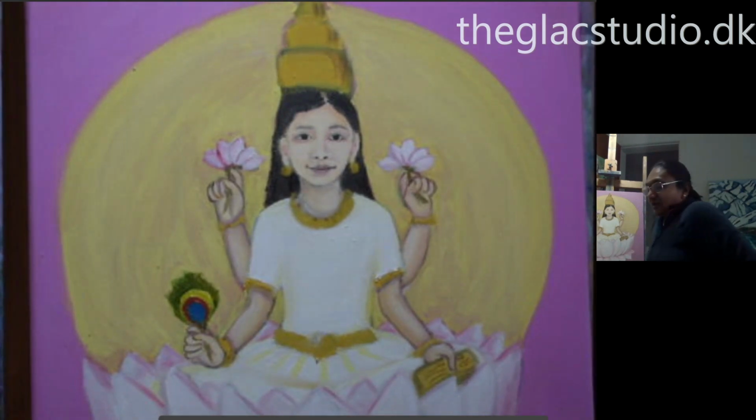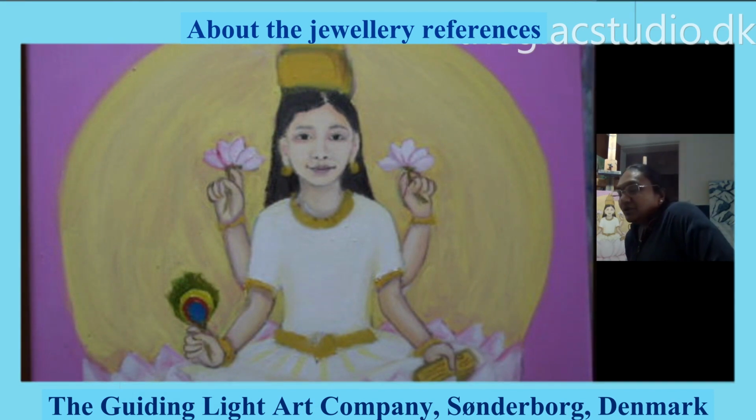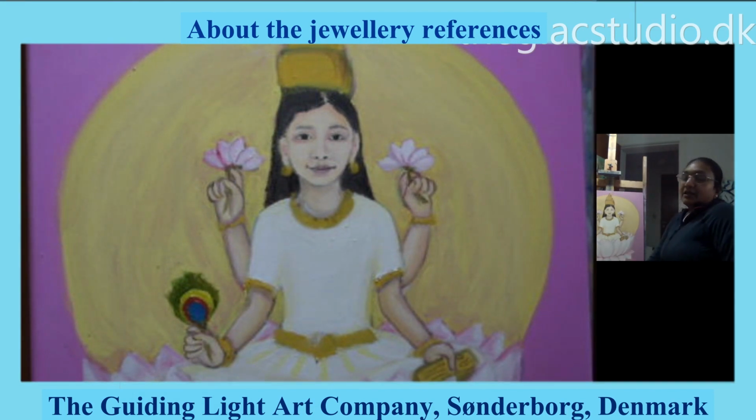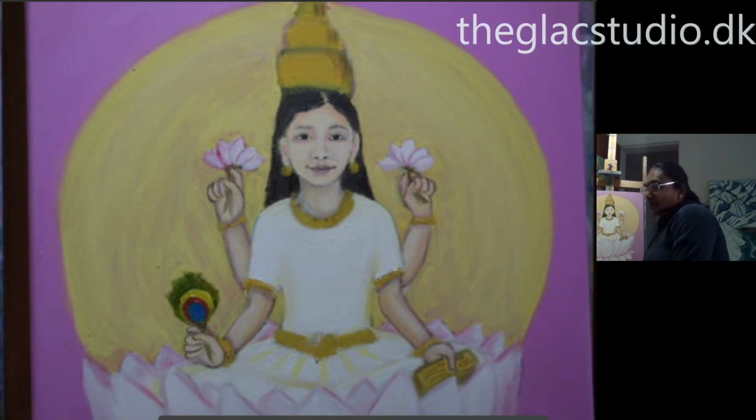But before we get started with this class, I wanted to share with you that the jewelry references that I'm going to be using are available in the description. And when you open up this Word document, you will find references of jewelry from various other cultures. This is because it is one of the 8 paintings that I'm making of Lakshmi images.